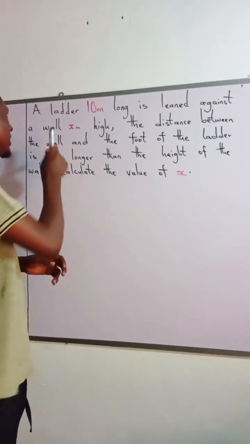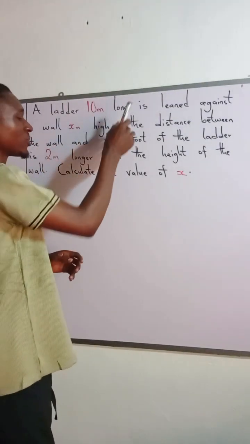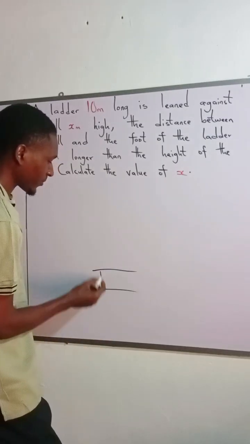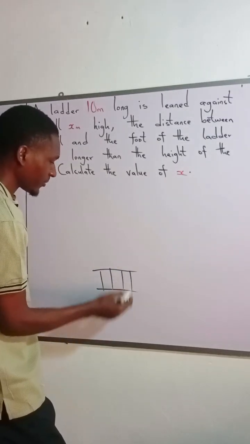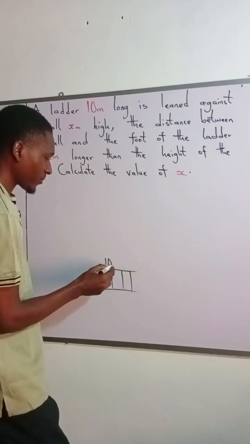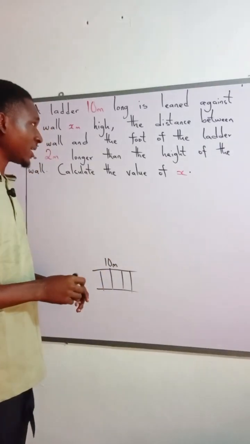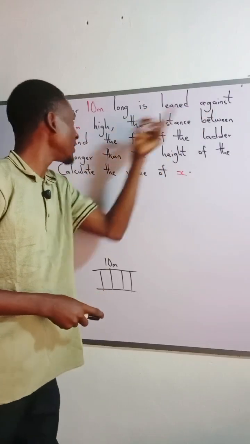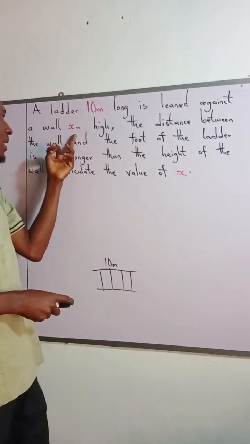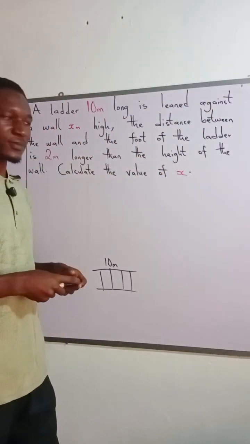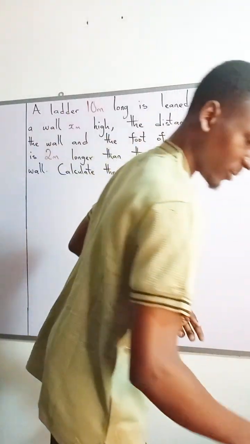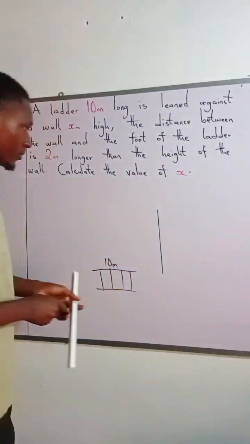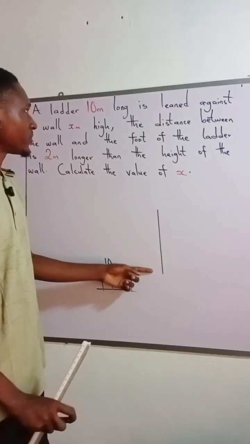First of all, it says a ladder 10 meters long. A ladder, I'm sure you know ladder now, 10 meters long. It is leaned against a wall x meters high. Okay, let me use my ruler. So this is the wall.